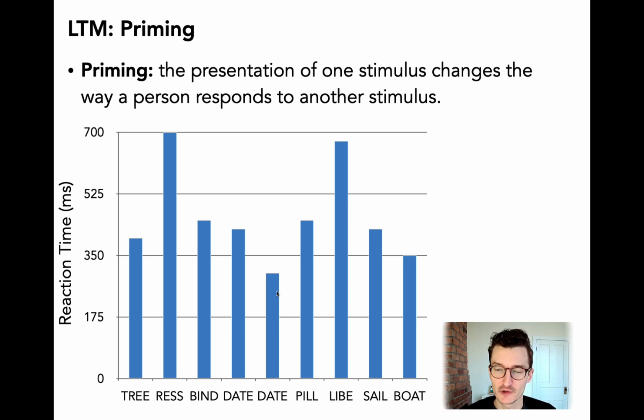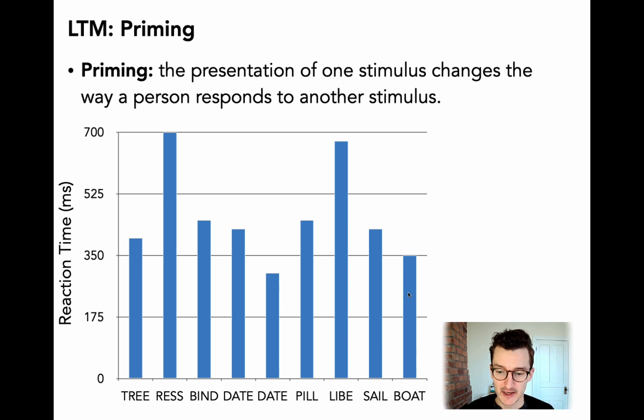We also have what's called semantic priming, so priming by meaning. So here's an example of semantic priming. You probably said that sail was a word, and then you got the word boat. And you were faster to say that boat was a word because you had just said that sail was a word.